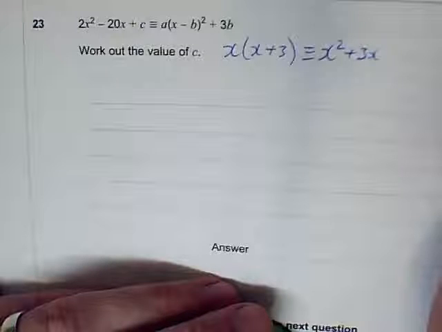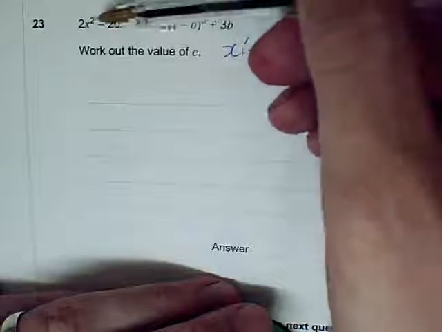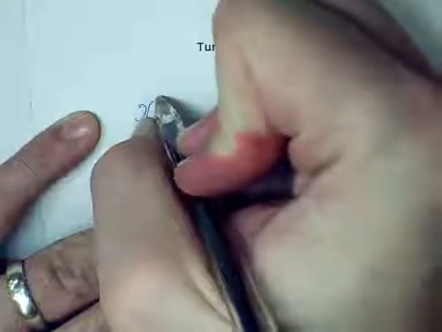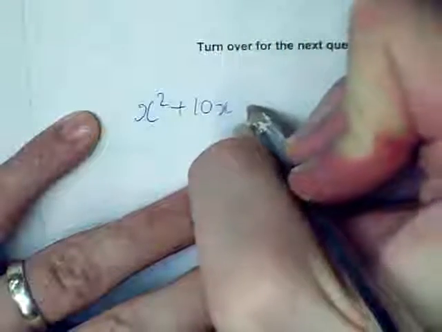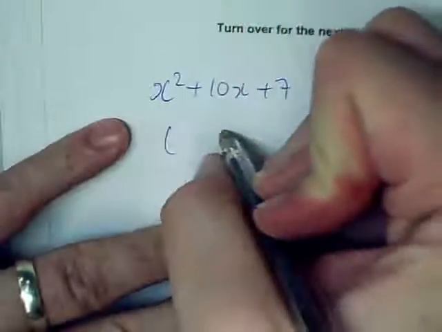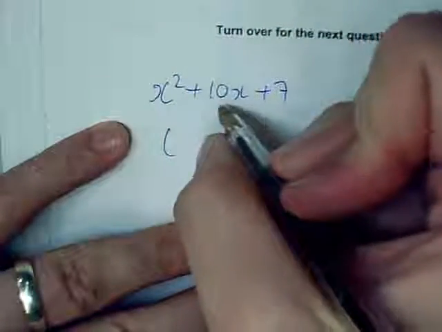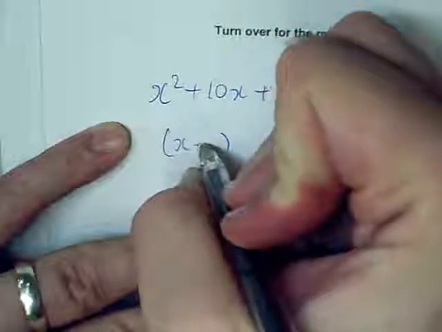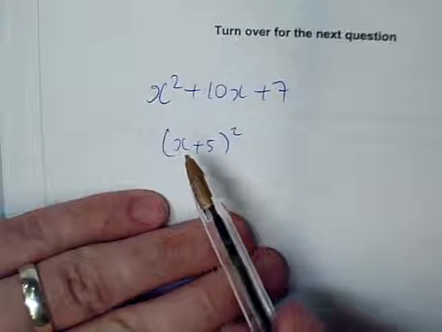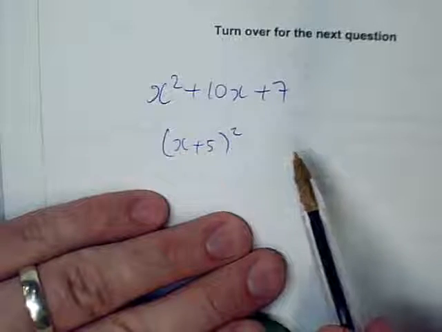So what we should know as well is that to complete the square, we need to make sure that the value in front of x squared is 1. So typically if I'm trying to complete the square for x squared plus 10x plus 7, then what I do is I open up a square bracket, I half the value in front of the x, so that's 5, and I put it in a square bracket, so this means (x plus 5)(x plus 5).